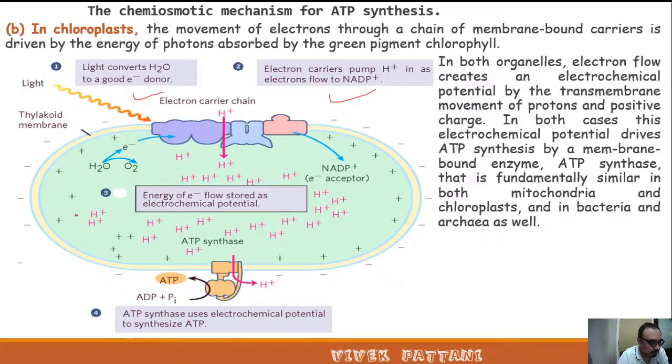And this electrochemical potential which is formed, as you can see clearly, is across the thylakoid membrane.